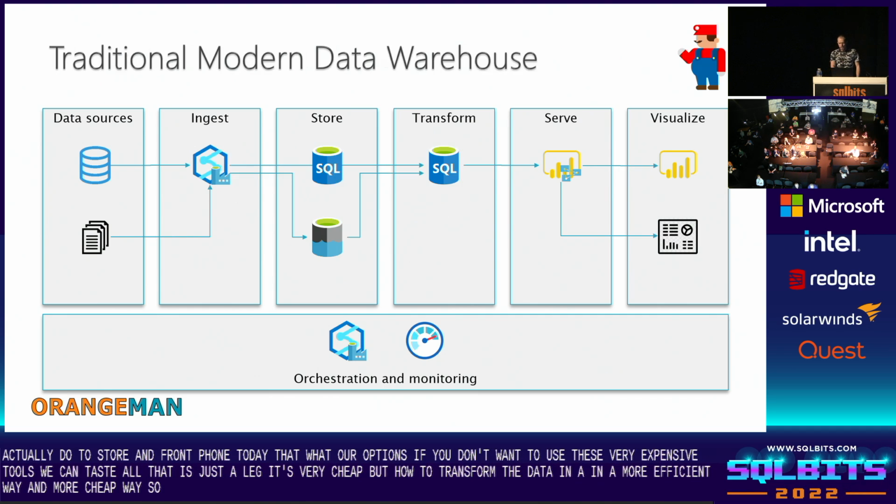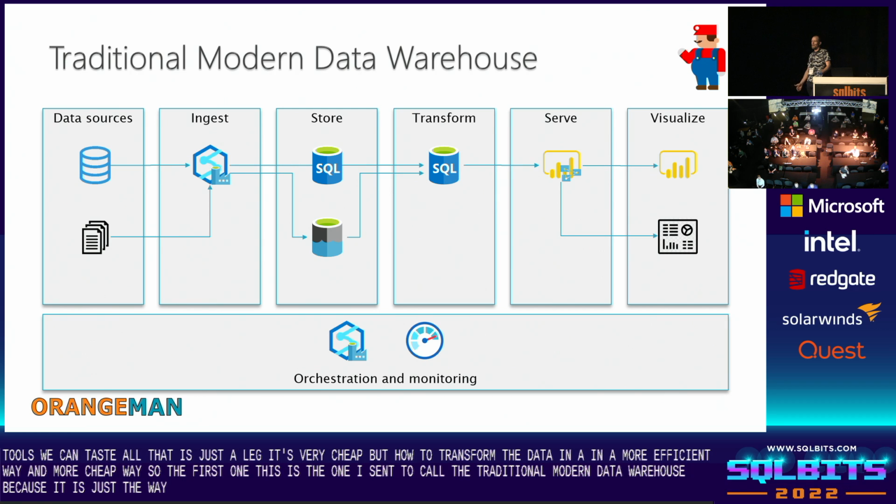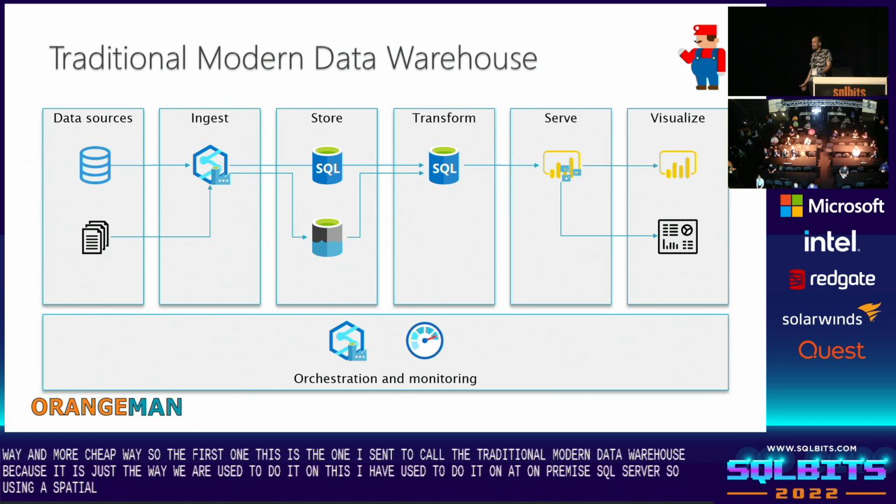So the first one, this is the one I tend to call the traditional modern data warehouse, because it is just the way we are used to doing it, or at least I have been used to doing it, on an on-premise SQL Server. So using an Azure SQL database and using the capabilities of T-SQL to transform our data.